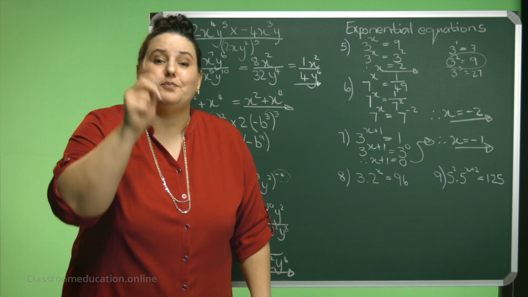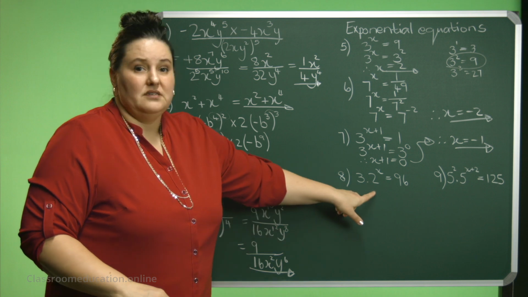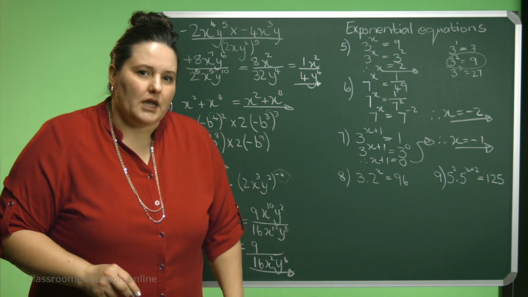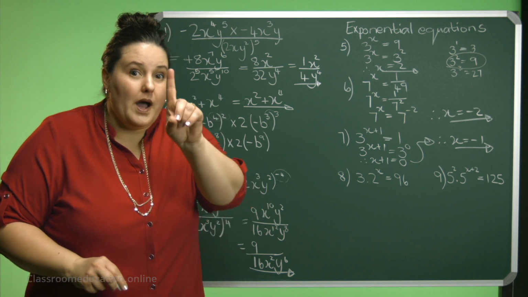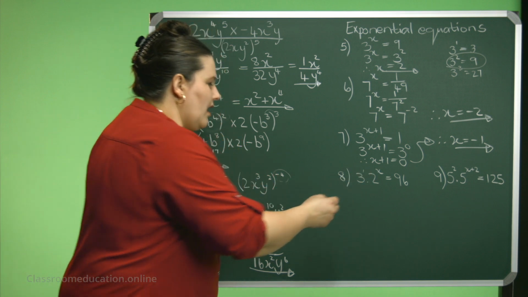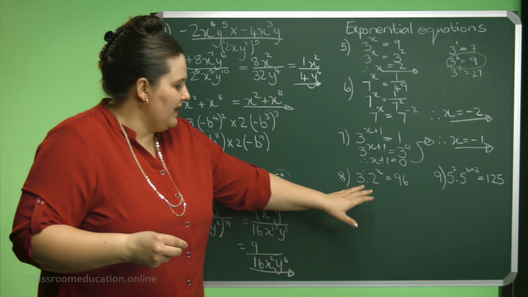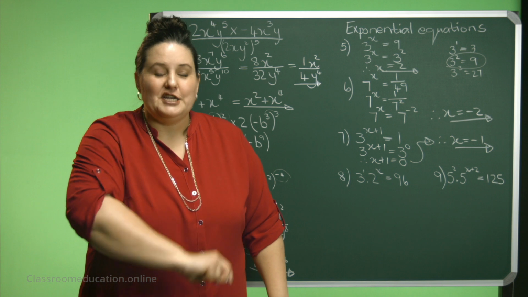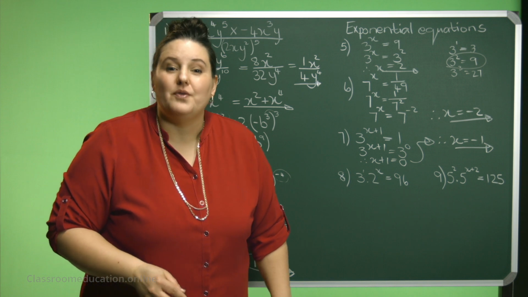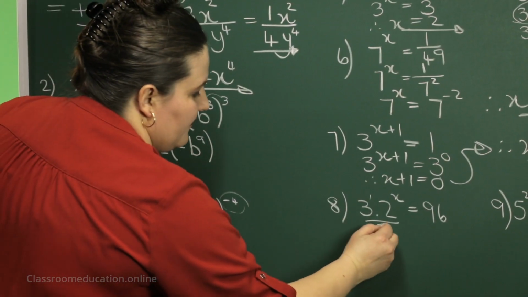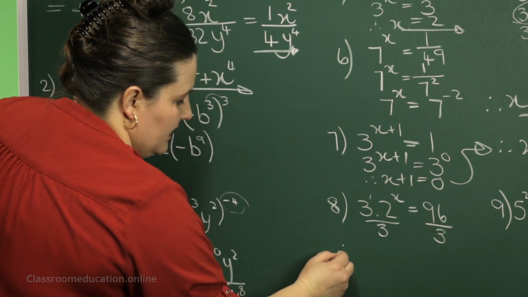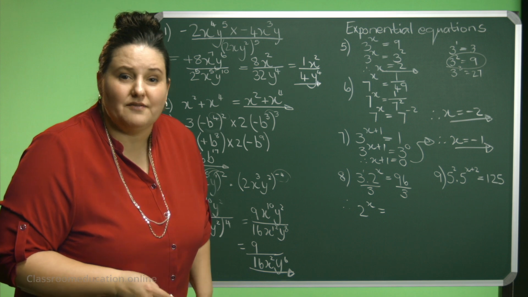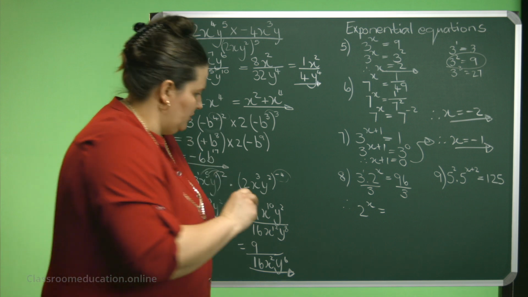The bases need to be the same. They are not. What's the exponent of the 3? It's a 1. So, can't I divide by a 3 on both sides? Yes, divide by a 3 on both sides. So, 2 to the power of x equals, what is 96 divided by 3? 32.